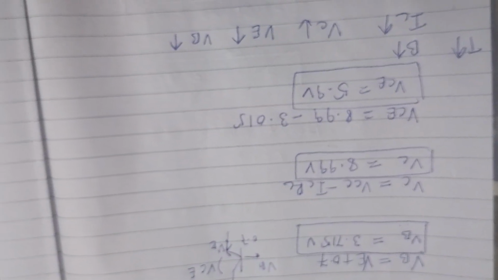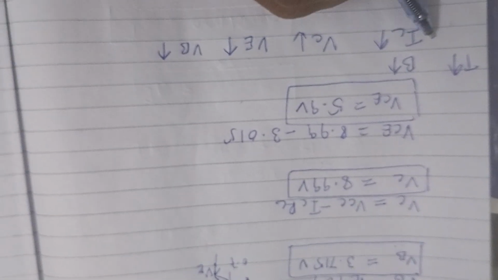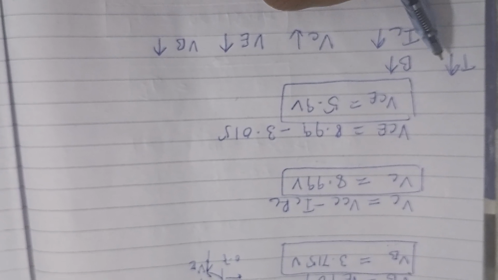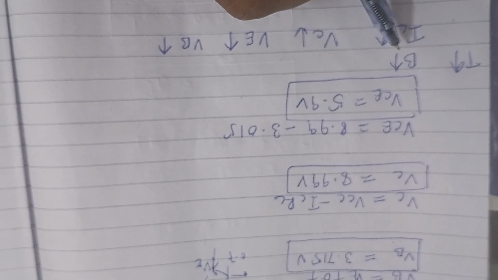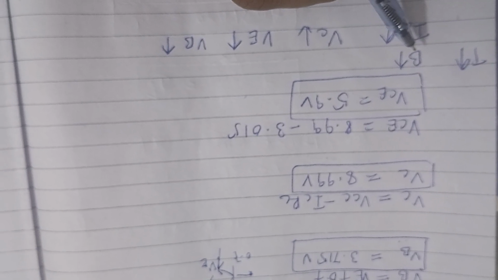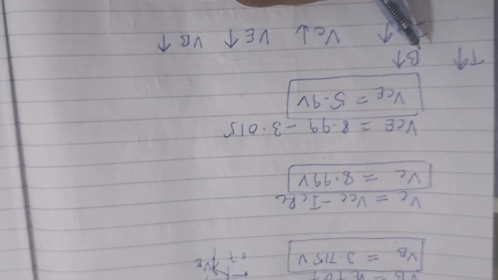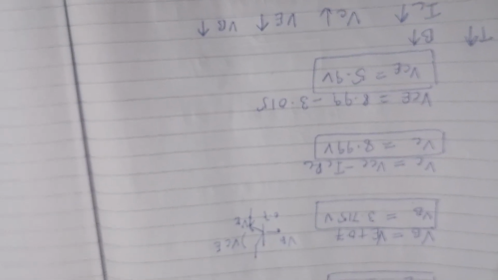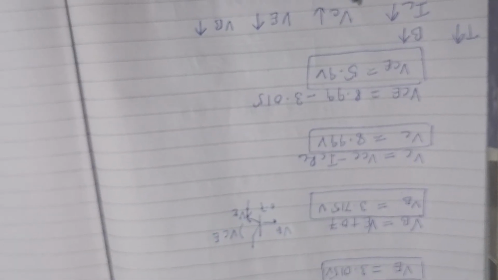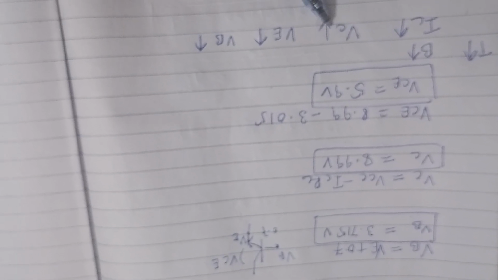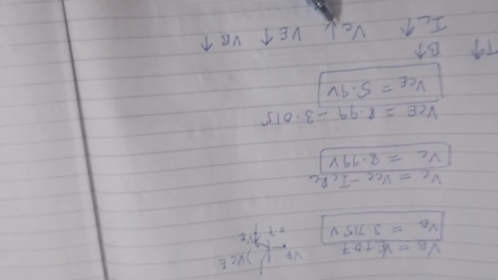If temperature increases, this is the physical characteristic, beta increases, because beta depends on internal resistances and internal resistances depend on temperature. Also, if we increase the collector current, the collector voltage decreases.